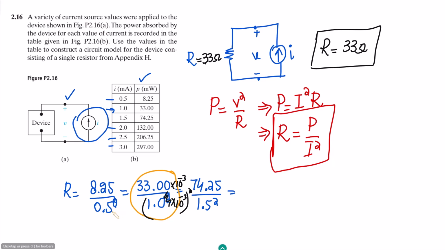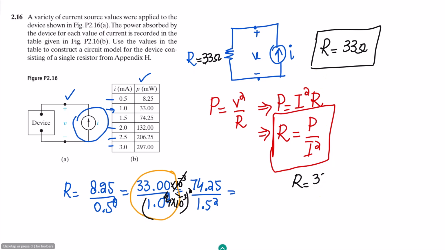You have to multiply the 10 to the power minus 3 and then squared term, because these cannot be cancelled out. One 10 to the power minus 3 will be cancelled out while the other one remains. So the answer we would get would not be 33. Let me solve it here. Most people make this mistake, so I have first gone through it and now I am solving it like it is.